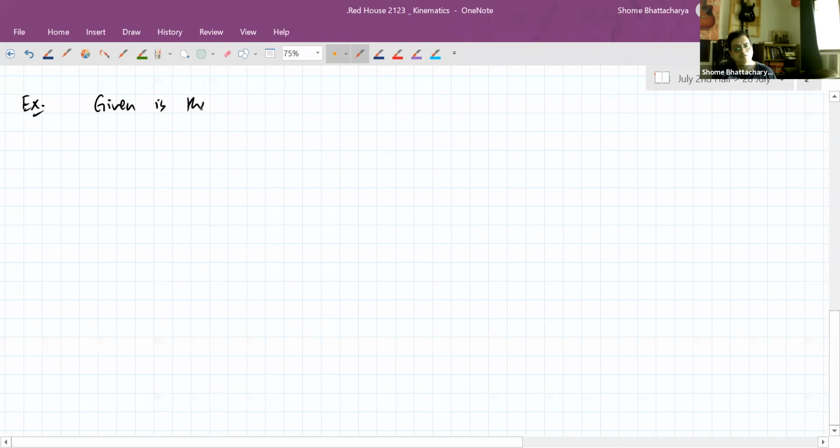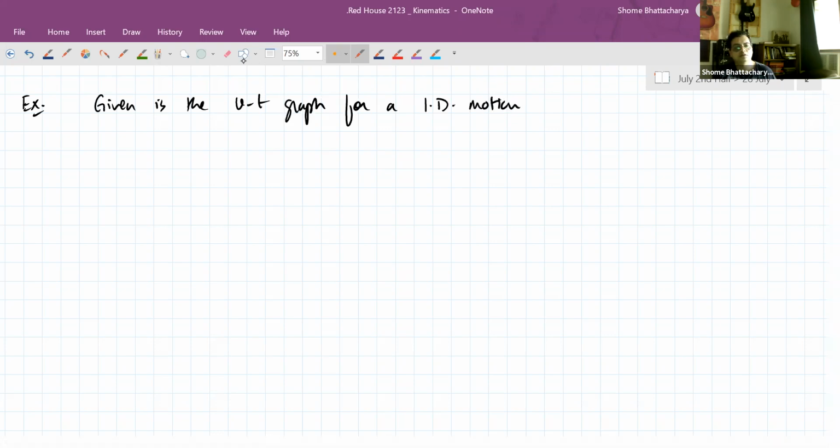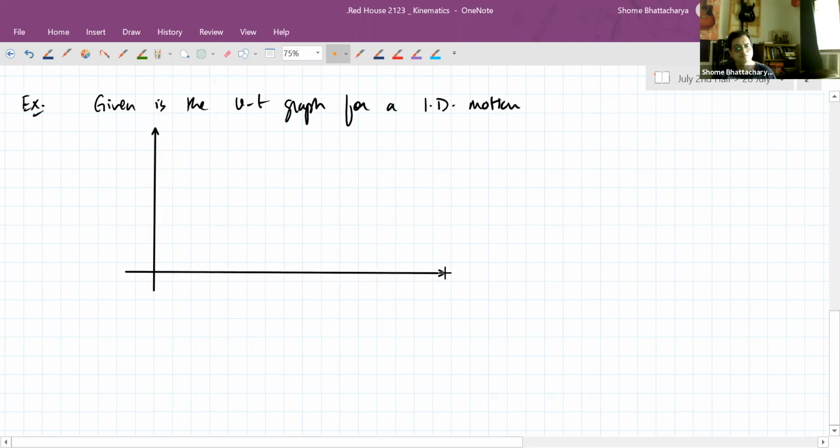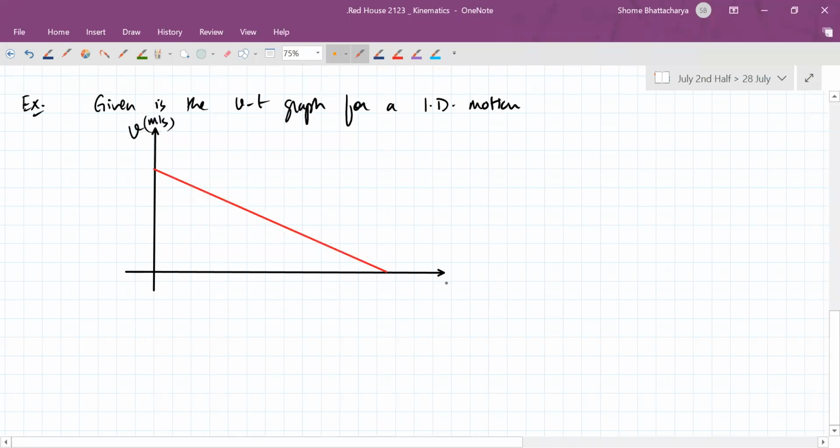Given is the velocity time graph for a one-dimensional motion. 1D motion means a motion along a straight line. Velocity is in meters per second. The time is in seconds.